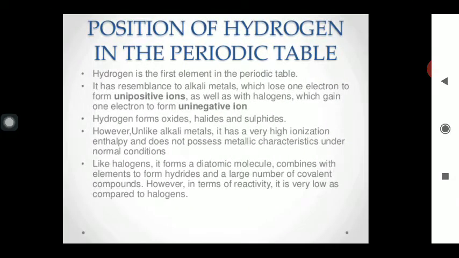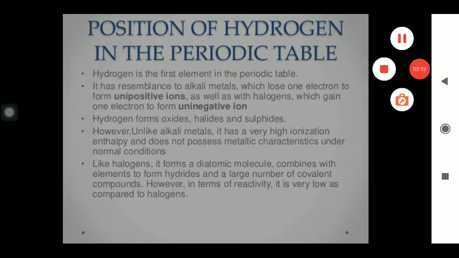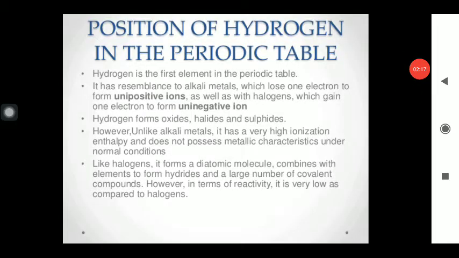First of all, we are taking here this position. The position of hydrogen is quite controversial because of the one electron in the electronic configuration, and hydrogen can form the unipositive ion. What do you mean by the unipositive ion? By the loss of one electron, hydrogen can form the H positive ion, and this H positive ion is responsible for the formation of various compounds.